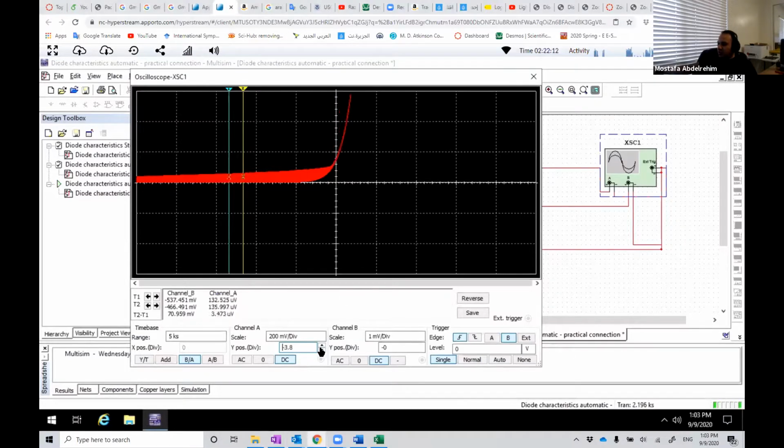Let's go. Yeah, 2.9 we can say, 2.9 divisions. Now we should multiply by the voltage per division for channel B, which is vertical, which is 1 millivolt. That's good, 1 millivolt.